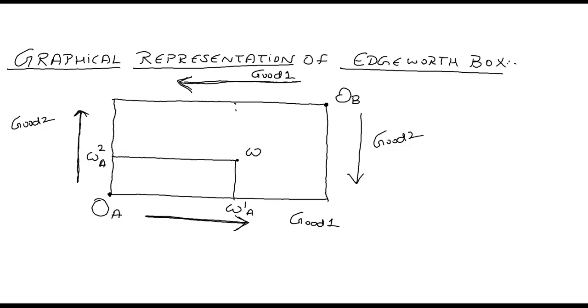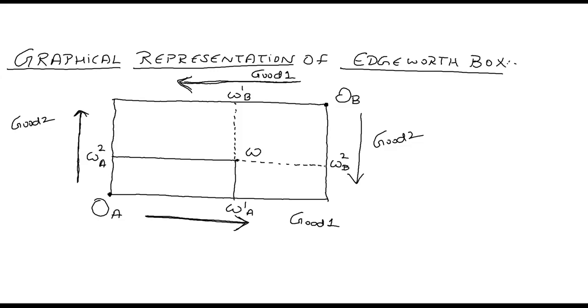This will denote omega 1B, the amount of good 1 agent B is endowed with, and this will denote omega 2B, the amount of good 2 agent B is endowed with. So you can see one point in the Edgeworth box represents four particular values: omega 1A, omega 2A on A's axis, and omega 1B, omega 2B on B's axis.